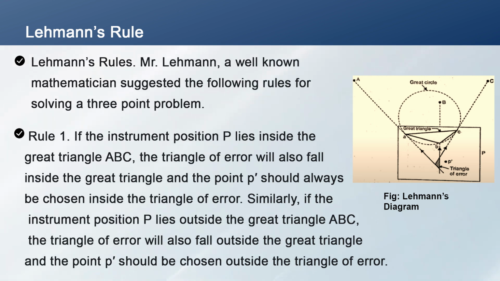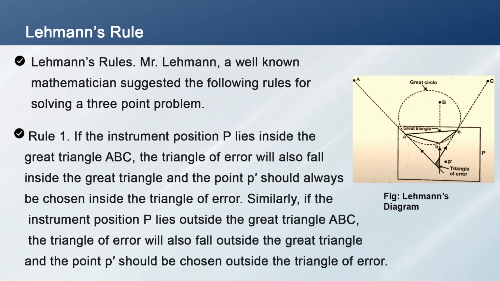Similarly, if the instrument position P lies outside the great triangle capital ABC, the triangle of error will also fall outside the great triangle, and the point small p dash should be chosen outside of the triangle of error.